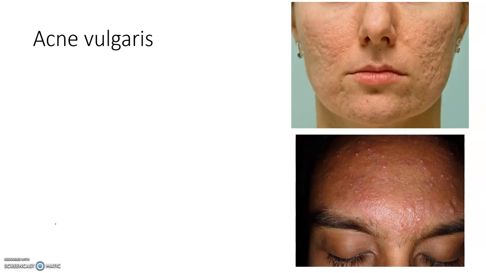Oftentimes people want to know how acne is related to secretions of certain glands. And so acne is actually driven by hormones. So it's the case that adrenal glands, these are glands that sit right up on the top of your kidneys, and we'll talk about them next semester, increase production of what are called androgens.